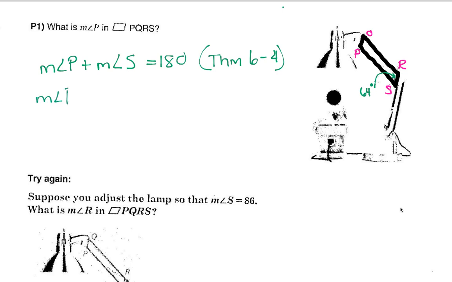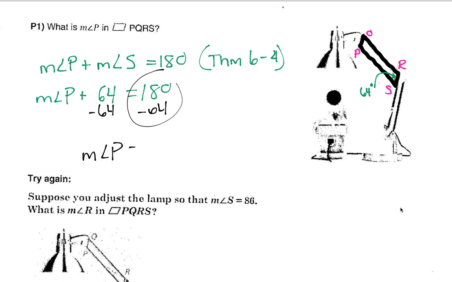So the measure of angle P plus 64 equals 180. Now, most of you are just going to do that part right there, and that's fine. That's 116 degrees.